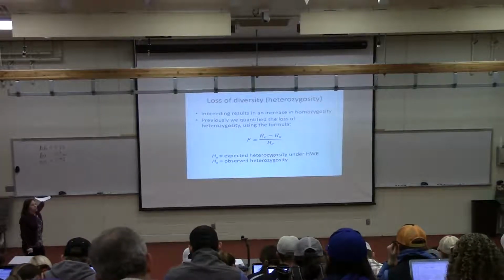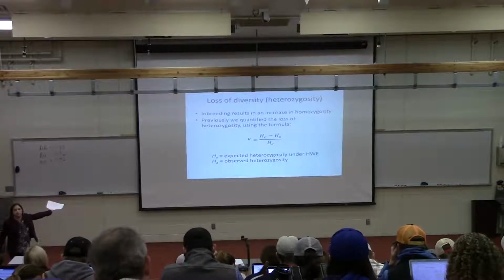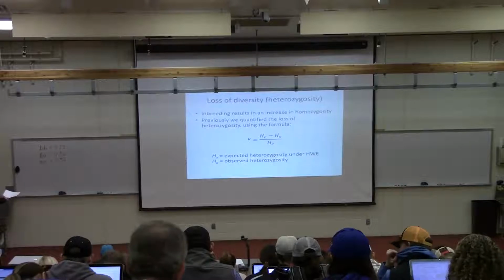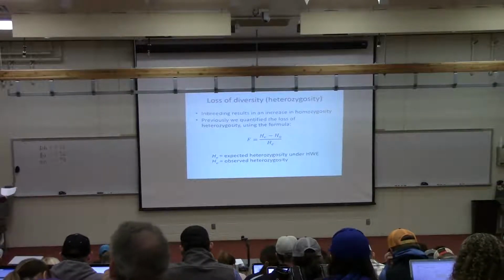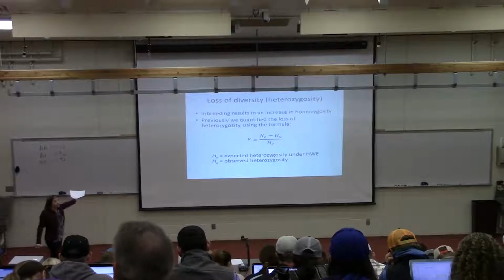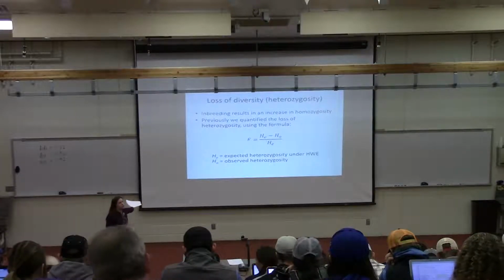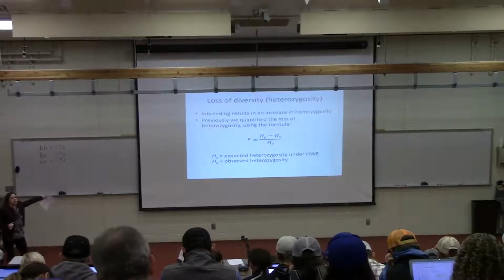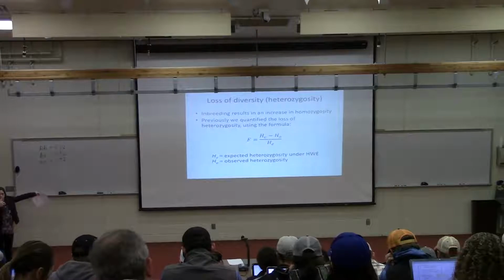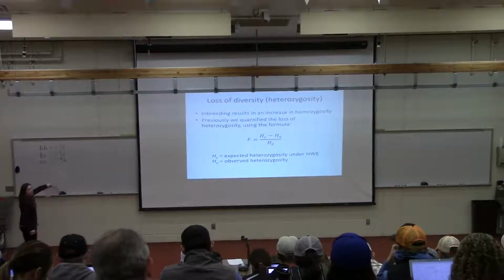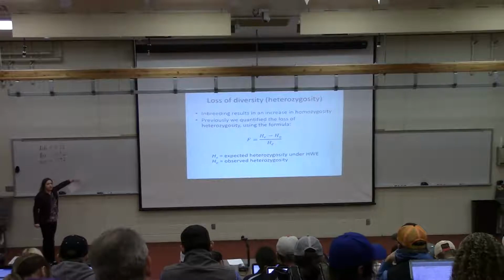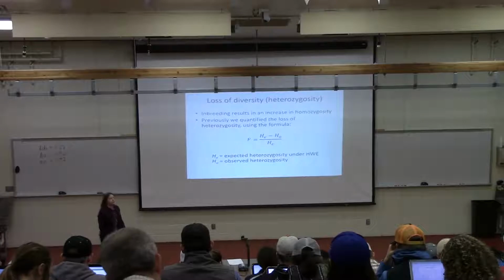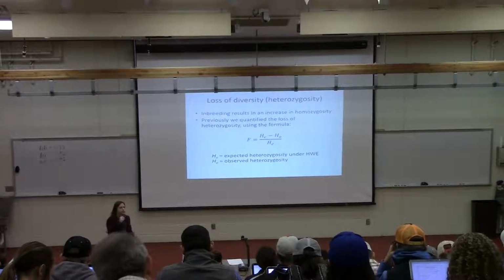If our population with those genotype frequencies is randomly mating, and I asked you how much heterozygosity do you expect in that population, if I say that population's really, really big and randomly mating and there's no selection, no mutation, no migration, what would you tell me about what you would expect for heterozygosity? Those hints I gave you, the big population, what does that click in your head? What were you talking about?